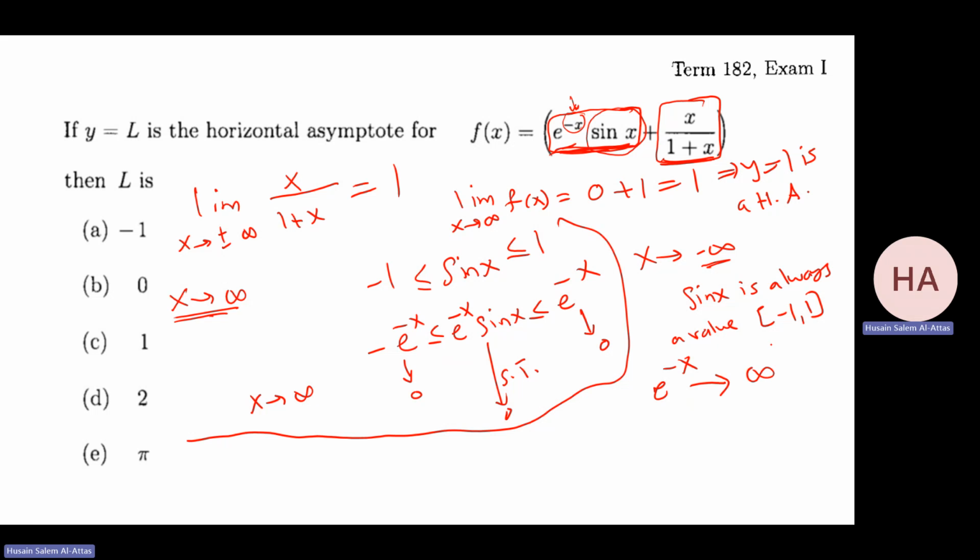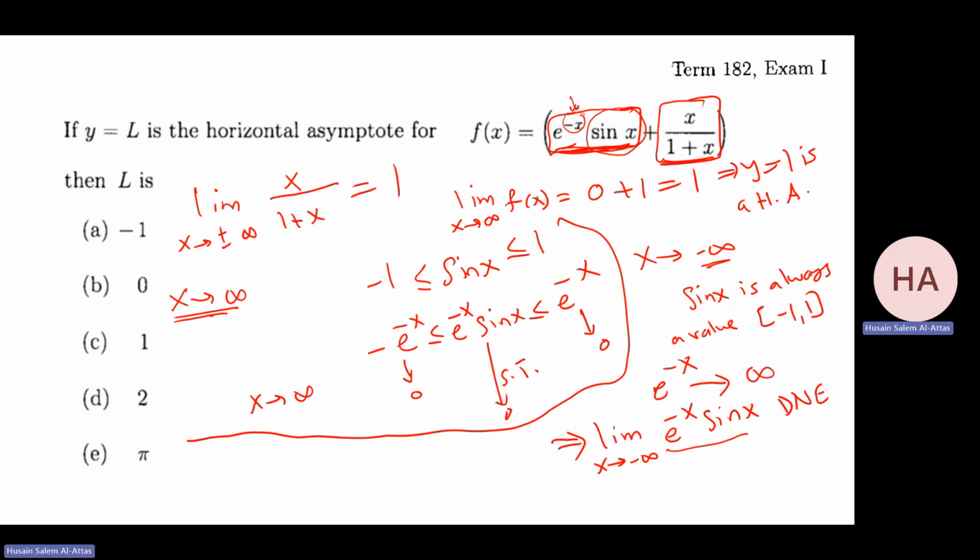Infinity times any value, so we conclude the limit as x goes to minus infinity of e to the minus x sine x does not exist, since it oscillates between infinity and minus infinity. So this does not exist.